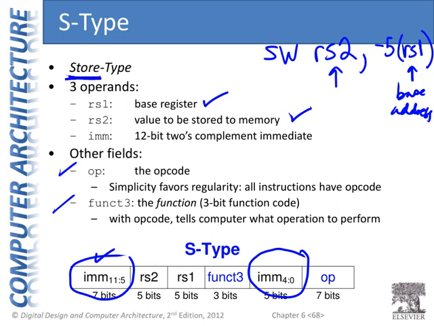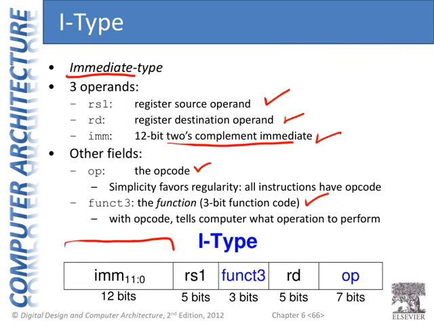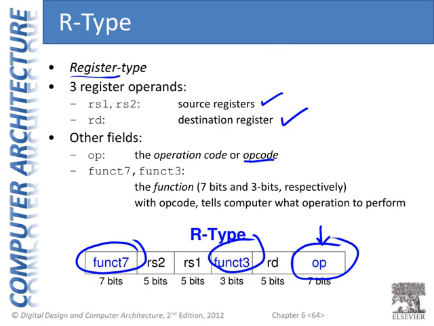Why is this? It's slightly annoying, but it's so that we can keep RS2, RS1 in the same place across instructions. If you'll notice, for our I-type, for example, RS1 is here, and for R-type, RS1 is in the same place, and then RS2 is also in the same place as the S-type instruction.